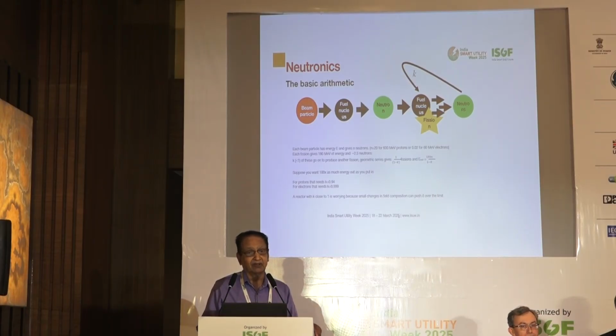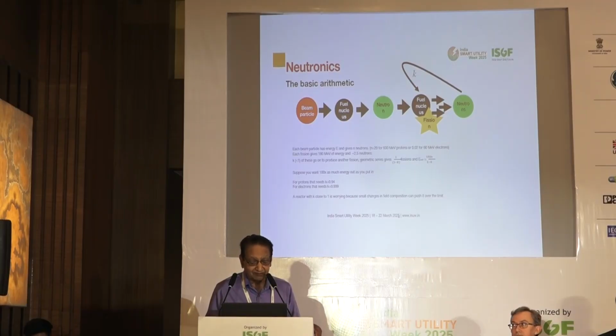These neutrons are produced in two steps. One is it produces X-rays, and X-rays are used to produce neutrons. These neutrons then follow a fuel cycle similar to SMR, and they produce further neutrons.